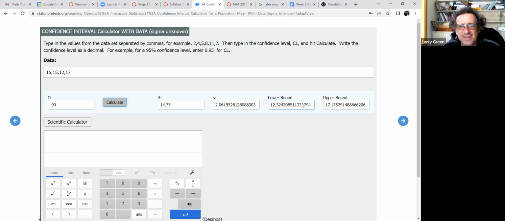Does anyone see the reason why there's a problem with doing that? It's not always the best thing to do. I can go to 80% if I wanted. Between 13.1 and 16.4. So what's wrong with that?